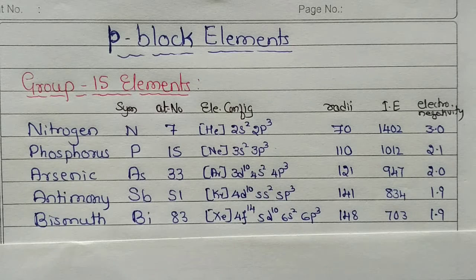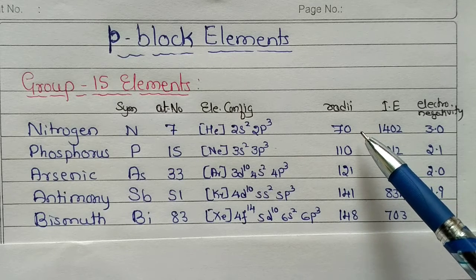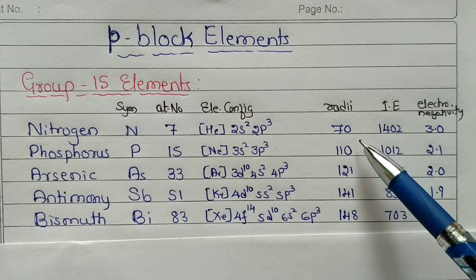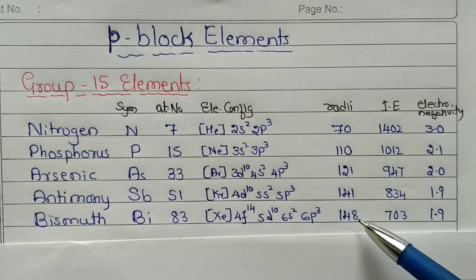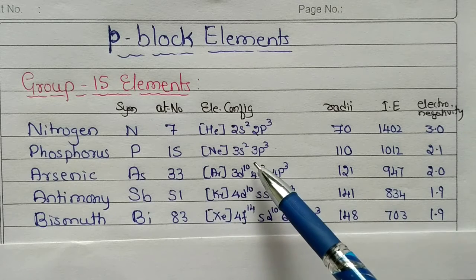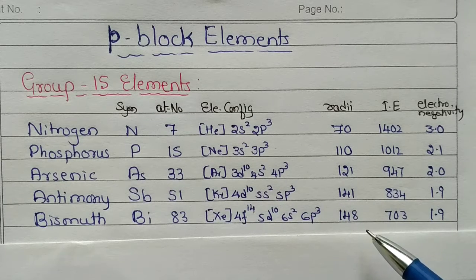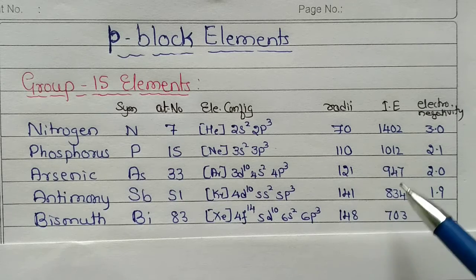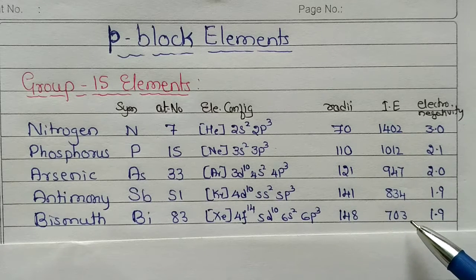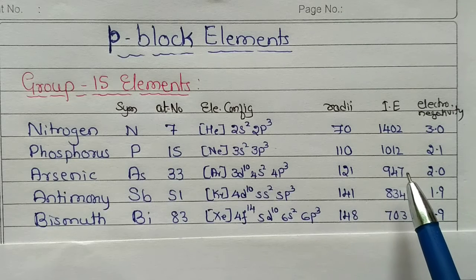Same as what you have studied in earlier classes, the atomic radii or ionic radii increase down the group, because as the atomic number increases, the number of shells increases, therefore the radius also increases. Since the radius increases, ionization enthalpy decreases, because the distance between the nucleus and the outermost electron increases.